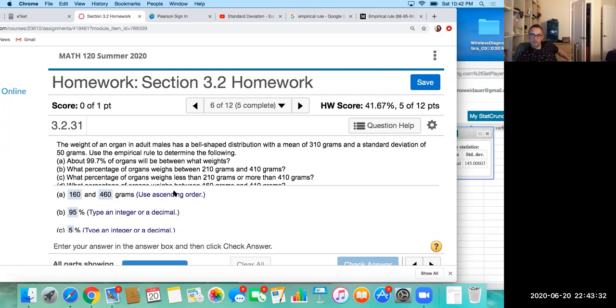I lost her. But the answer is going to be, let's see, 2.5% on the left, 0.15% on the right. That's 2.65%. So 97.35% seems to be the answer.